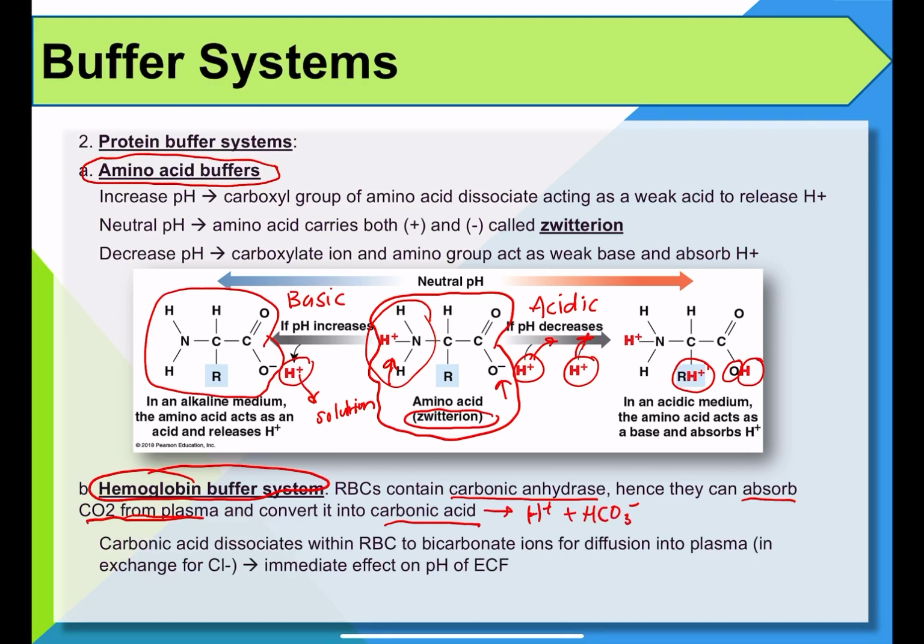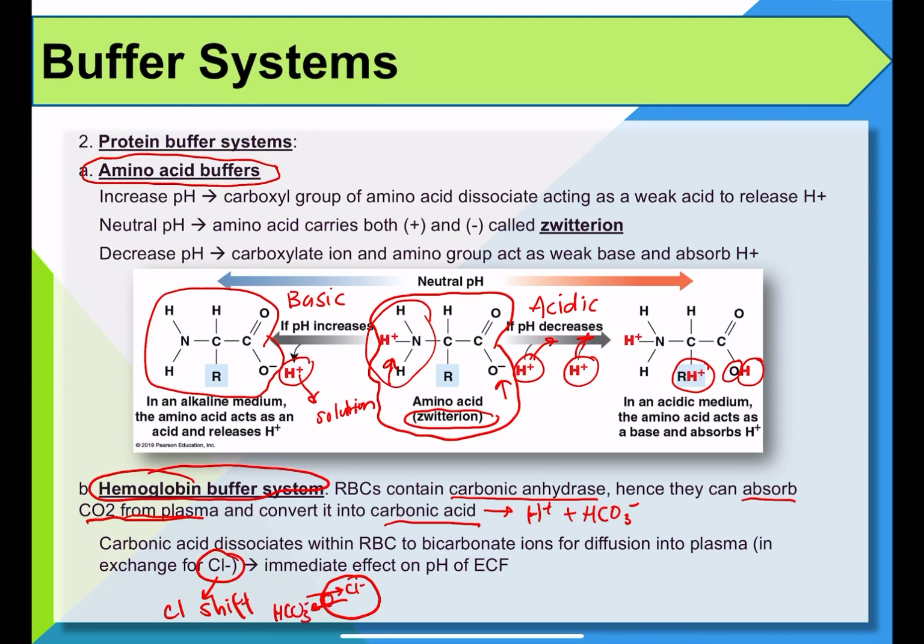And hence, if let's say your blood needs more bicarbonate ions due to the fact that pH is getting too low, you're in acidosis, then we can rely on, remember, chloride shift. Remember that red blood cell, and there's that in and out. Chloride ion goes in, bicarbonate ion goes out.